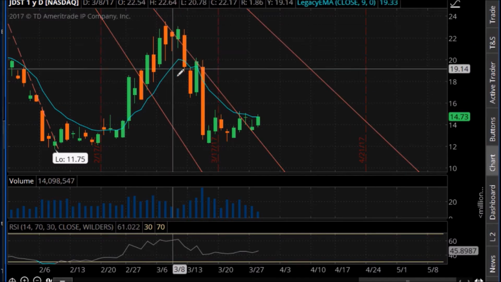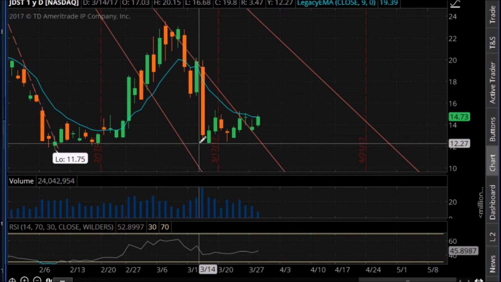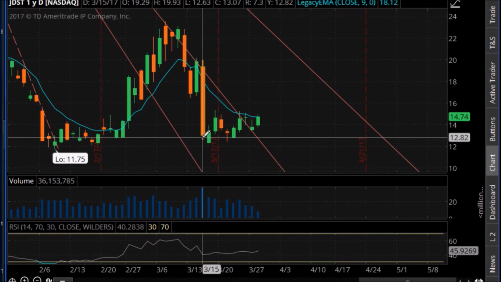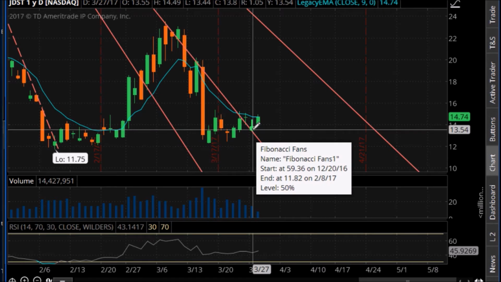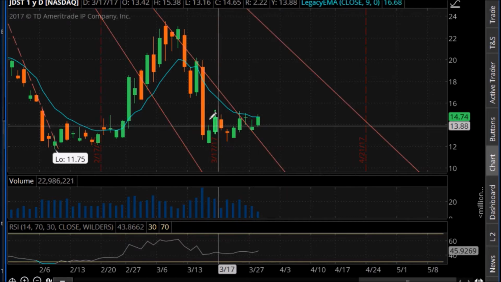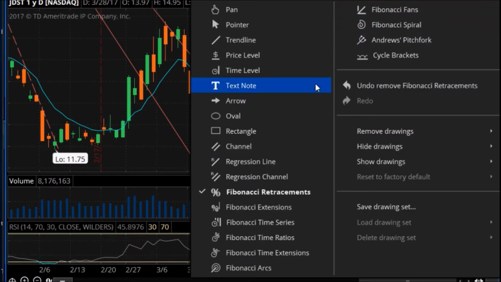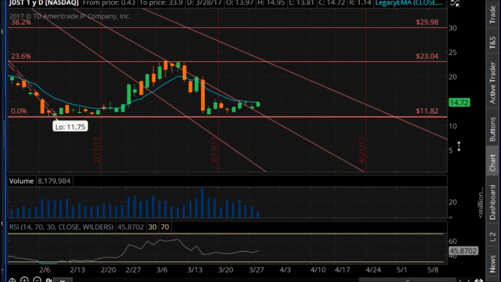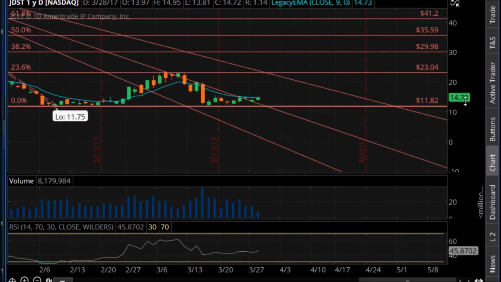What we've seen here is a bit of a correction in this instrument. Until now, the price has consolidated and broken above the second level of resistance, which now becomes support. Now I also want to apply the Fibonacci retracements to this and see what they're telling us.